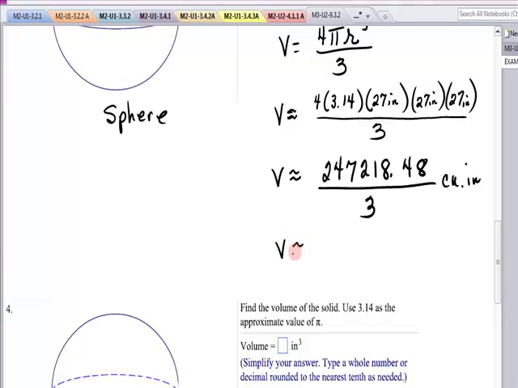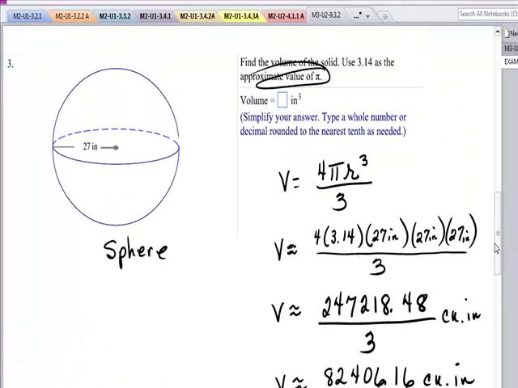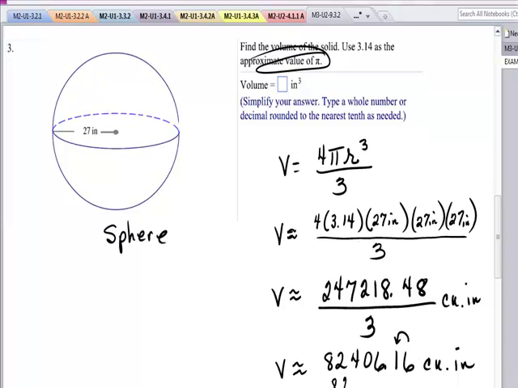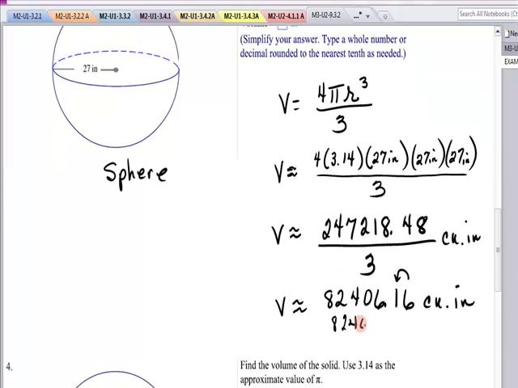Then divide that by 3, and I get 82,406.16 cubic inches. And that is the approximate volume for this. And it says to round to the nearest tenth. So I would need to round that to 82,406.2 cubic inches.